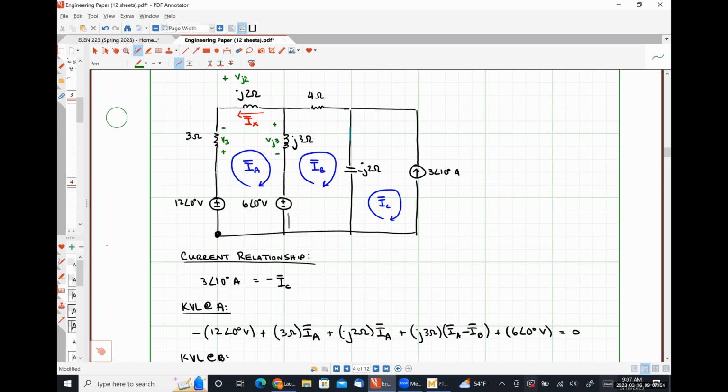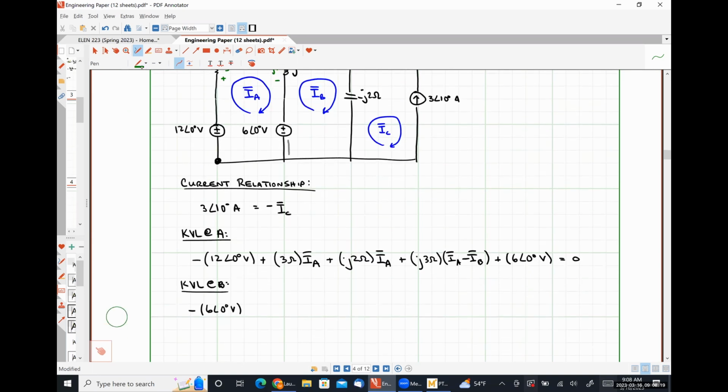Just like on the 6-volt source, we saw the positive polarity terminal first. So we used a positive sign. And we're just doing the exact same thing around this second mesh, right? Because we're going in the opposite direction, now we see the negative polarity terminal of the 6-volt source first.